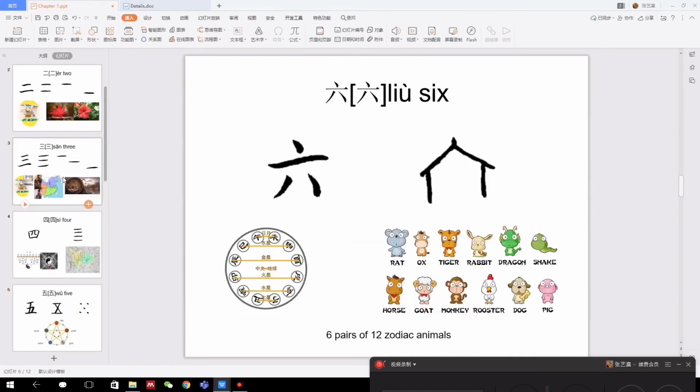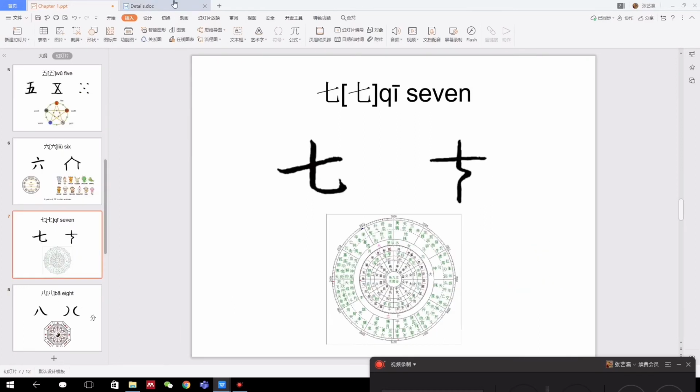But if you pick up 7 apples, you need to divide it and share it with your friends or families. So gradually, share becomes 7. And in modern language, it is still 7.